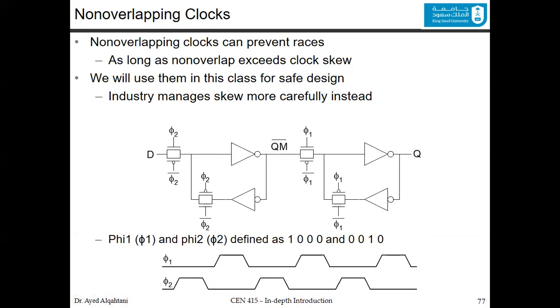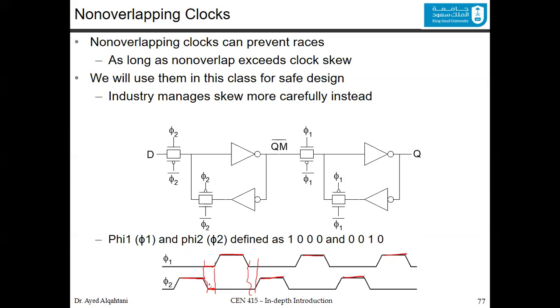So what we want, as we discussed, is for the edge to show up. Here we have 0 and 0. This time, it's like a guard. So phi 1 and phi 2 are not overlapped. You can see phi 2 is 1 on this side, phi 1 is 1, phi 2 is 1, and they never overlap.